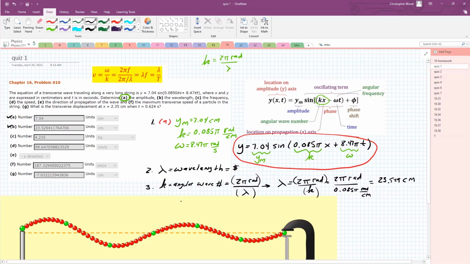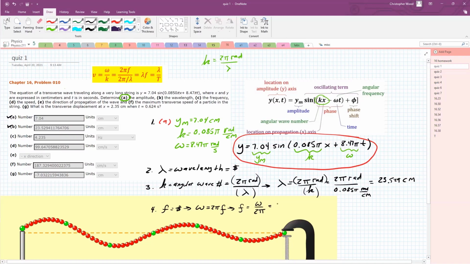What's the frequency? So this can go pretty fast. Number four says, what's frequency? F equals... Well, I know omega equals 2 pi F. So then I can just say F equals omega over 2 pi.